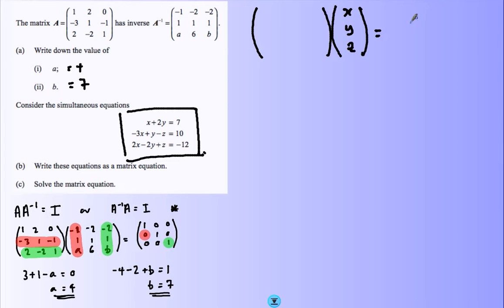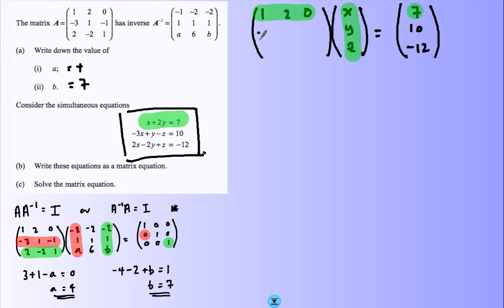Very easy to do this as long as you know, as is often the case, what you're actually doing. There's the answer, x, y, z, and the numbers we get. So this will be 1, 2, 0. Reason for that is that if I do that onto that, I get that answer. 1x, 2y, no z gives me 7, and we can see that in that top line.